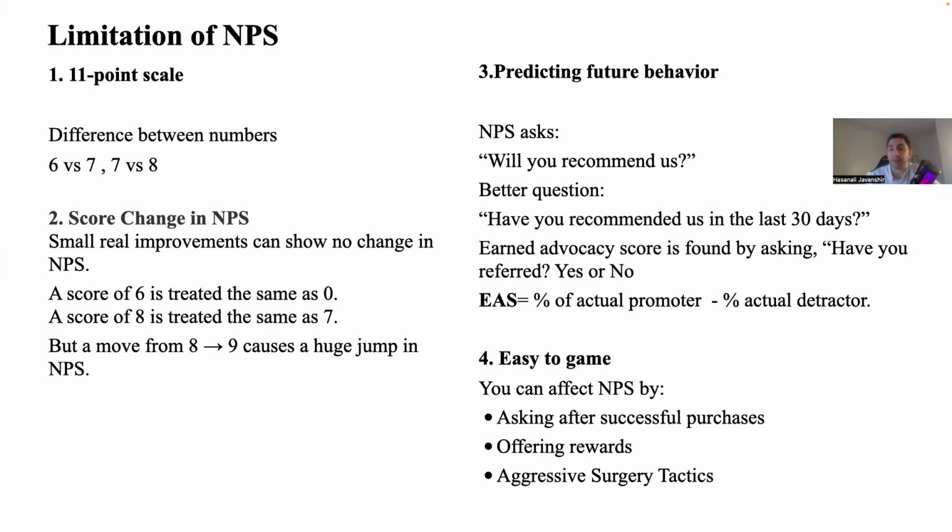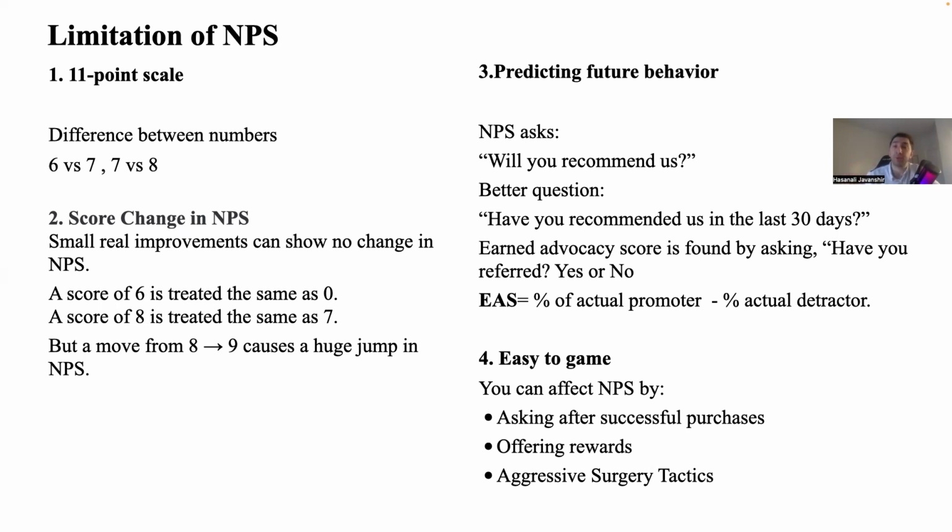Another limitation is that it is very easy to game and manipulate these NPS numbers, especially when these surveys are asked right after a very successful purchase by customers, or some marketers might offer gift cards or rewards for customers to complete this survey, which can bias the NPS score. Also, some people try to manipulate this survey by putting the 10 in the first selection and then going all the way down to zero, so that customers choose 10 first, which can affect the NPS score positively.